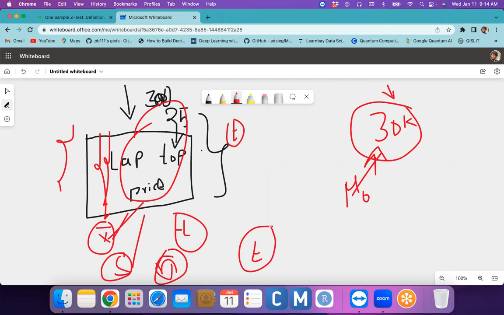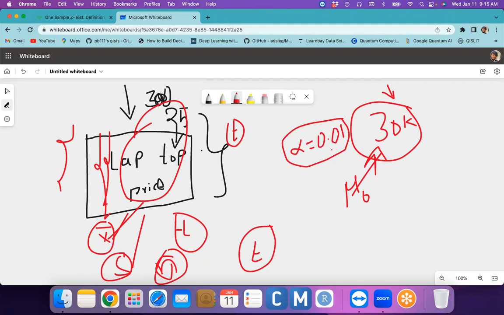Once you calculate the t value, you need your alpha value. For example, 95% or 99%, I want to get the prediction at the 99 percent level. So 99 percent means the alpha value will be 0.01.